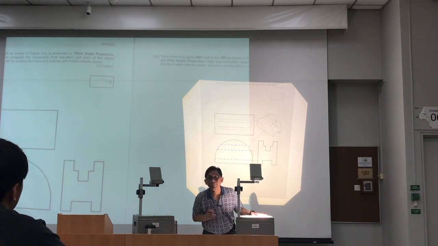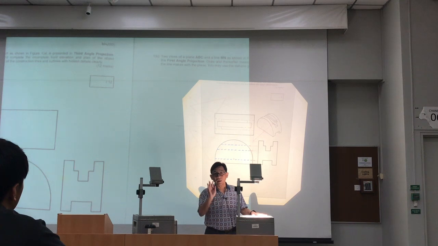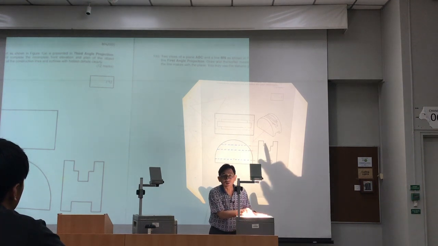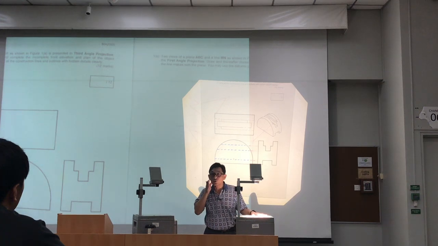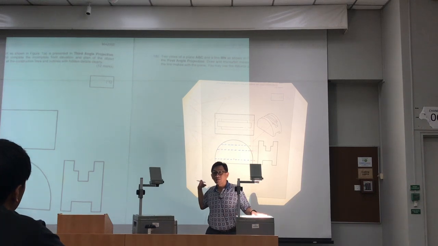Which line? This line. If this line is there, it is a blind hole. Since there's no line, it is a true slot. Go right through. Okay? So remember, no line here means right through.